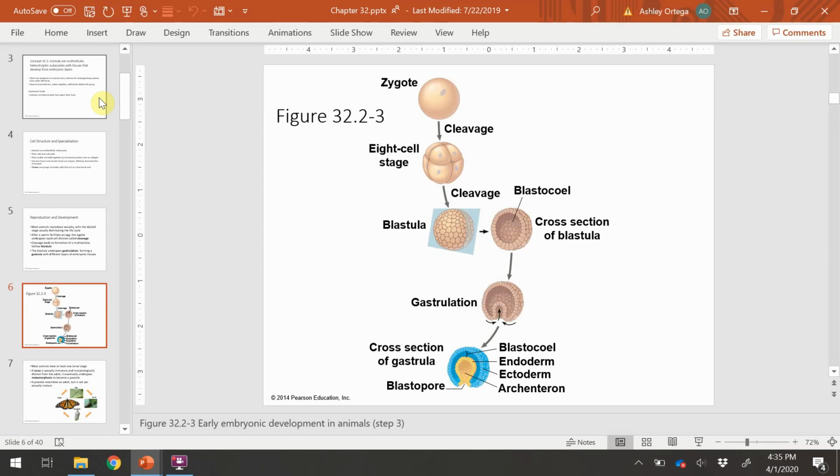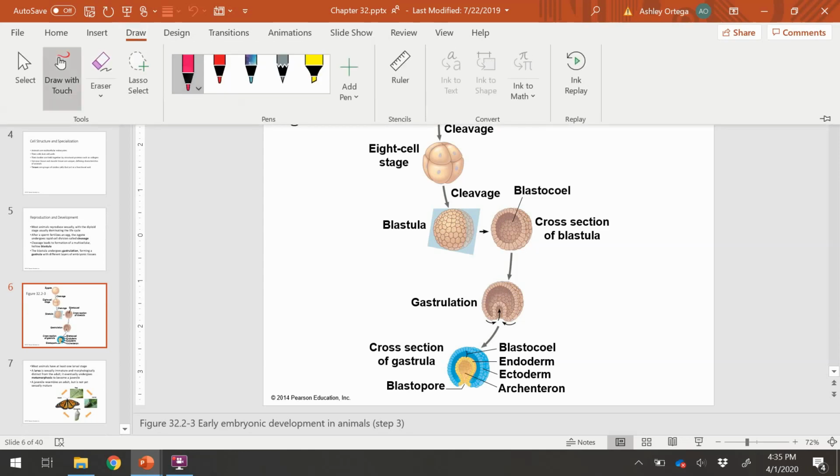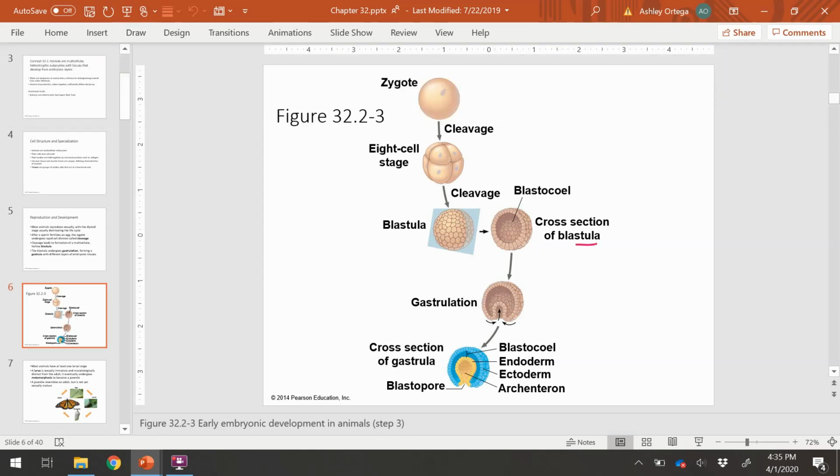And then undergoing cleavage more, then you form a larger version, essentially, where there's a hollow cavity inside the ball of cells, which is the blastula. And so here the blastula is something that should be on your review. And you can think blastula starts with the letter B. Also, what starts with the letter B is ball. So hollow ball of cells. So that cavity that I was talking about inside the blastula, that's called the blastocoel.